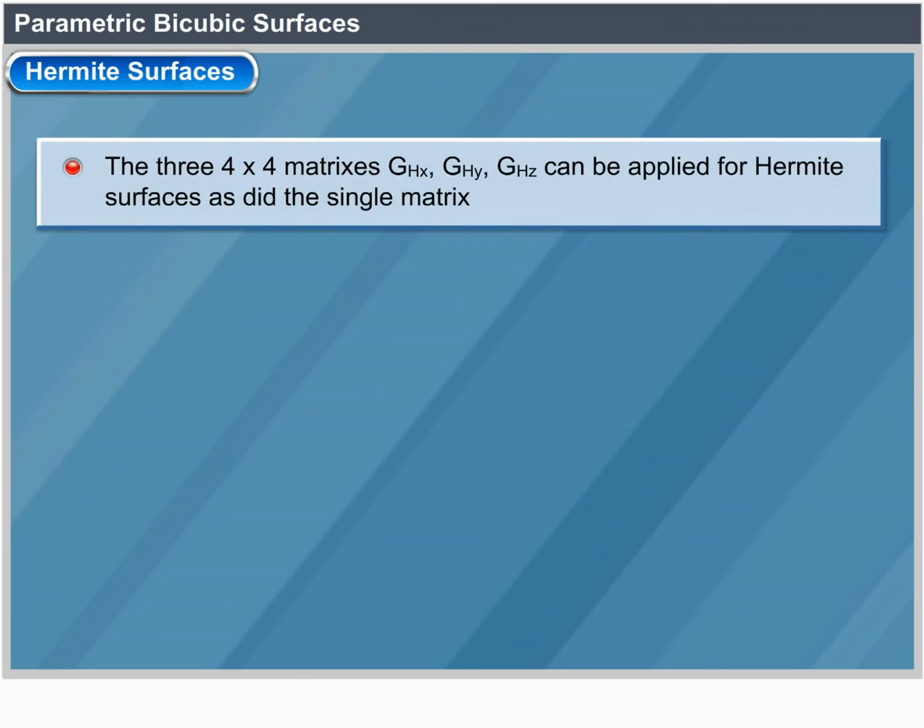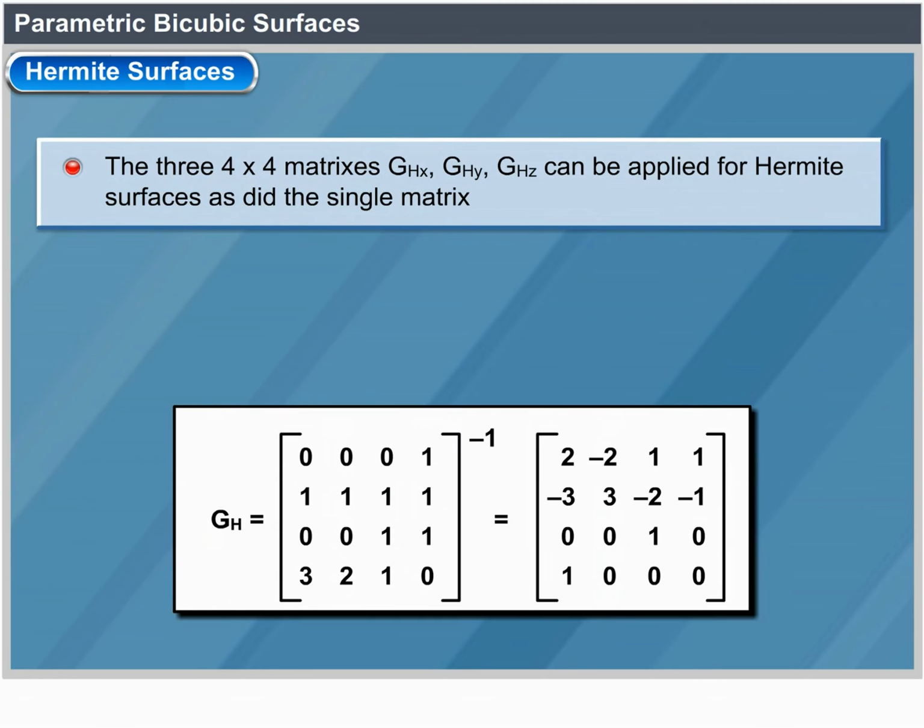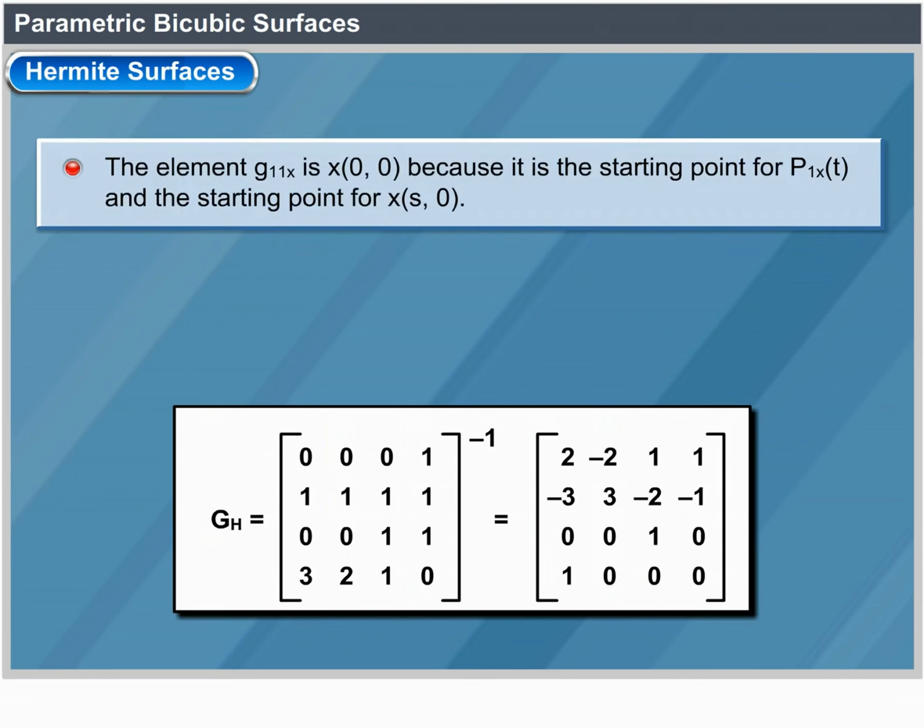The three 4x4 matrices G_Hx, G_Hy, G_Hz play the same role for Hermite surfaces as did the single matrix G_H for curves. The element g11x is x(0,0) because it is a starting point for P1x(t), which is in turn the starting point for x(s,0).